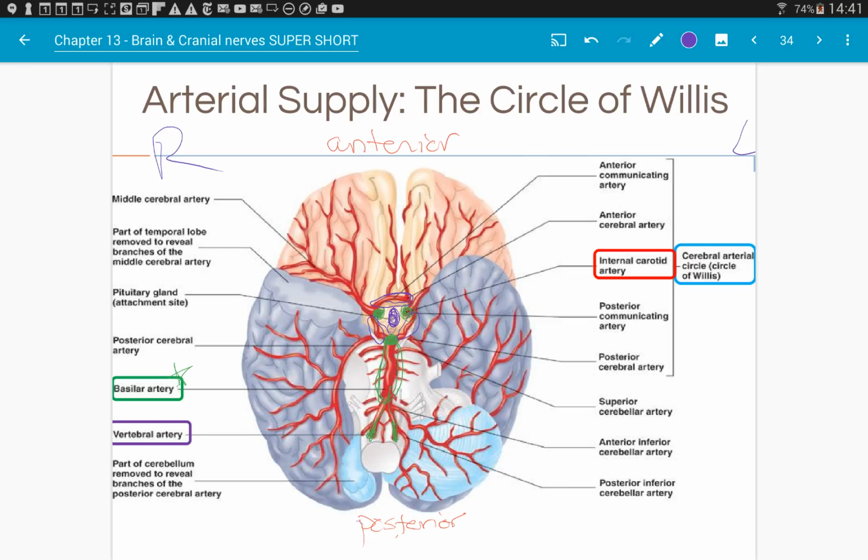But because we have this circle, even if blood isn't coming through this one hole, the right carotid, you have pressure still in the left carotid and your basilar artery that allows you to push the blood all the way around the circle to the tissue that is not getting the blood supply because that artery is blocked off. So the circle allows you to have a consistent blood flow even if there is a problem with blood getting to the brain with one of the vessels. You are still able to supply blood to the whole brain.